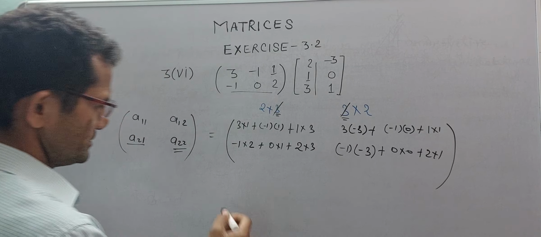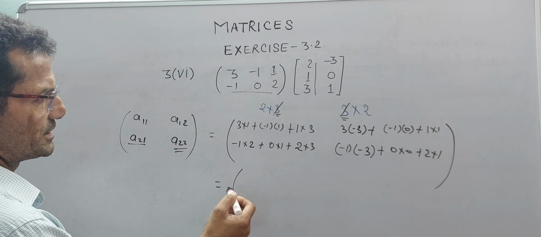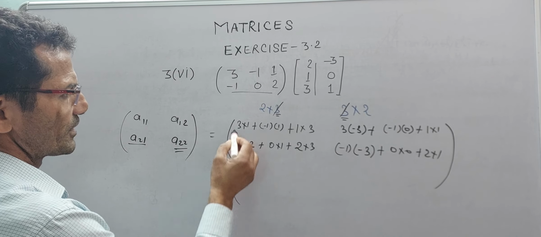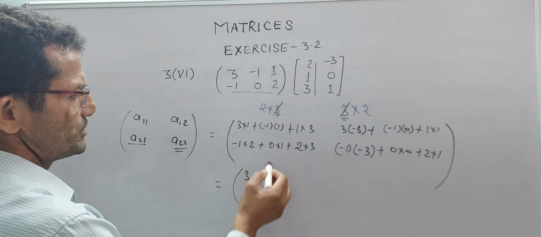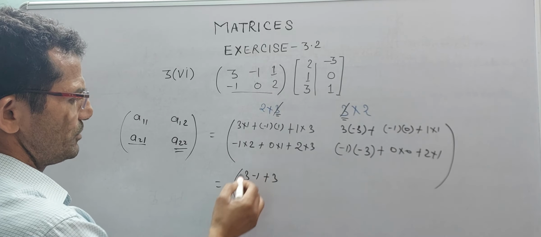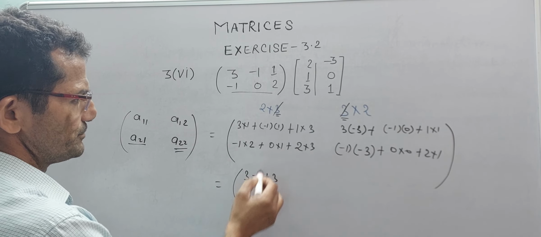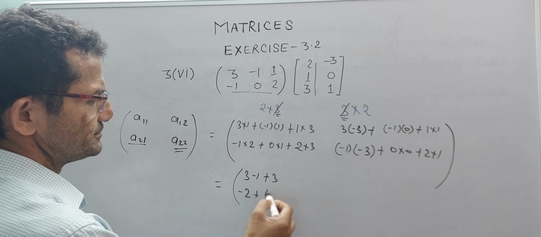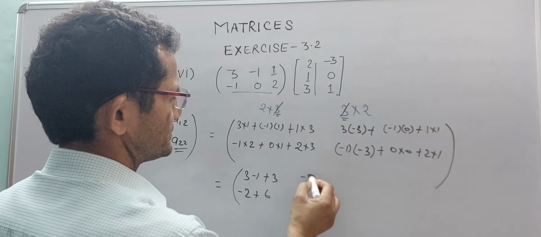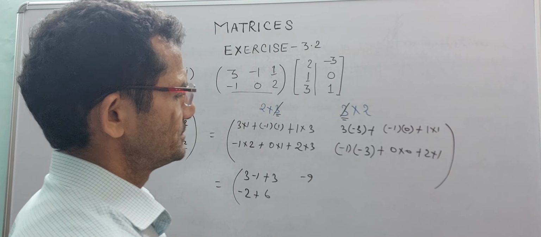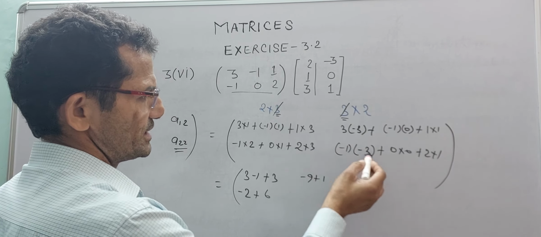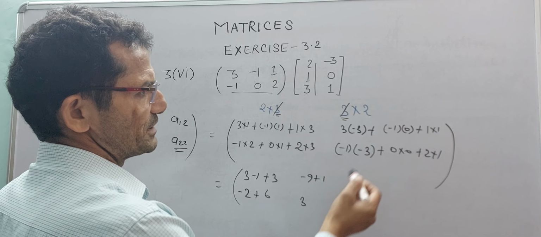After simplification, the answer becomes 3 minus 1 plus 3, and for the next, minus 2 and plus 6, and then minus 9 plus 1, and the value plus 3 and plus 2.